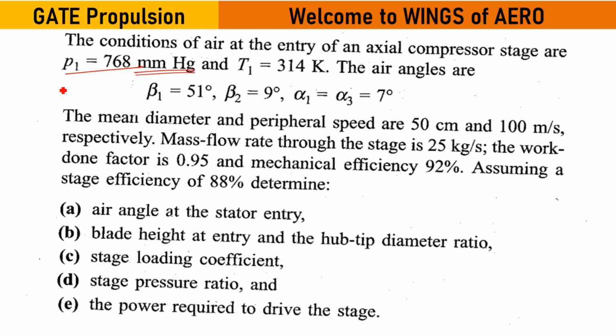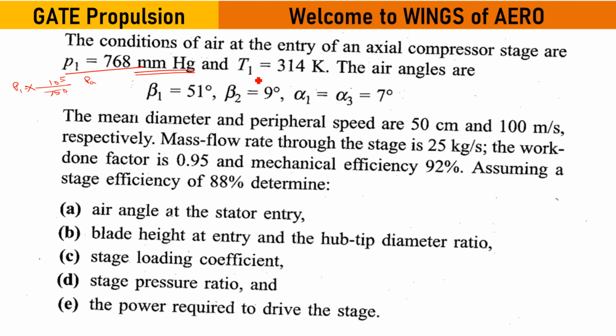Do you know how to convert mmHg into Pascal? You just need to multiply whatever the value by 10 power 5 by 750, and you will get it in terms of Pascal, right? So 768 into 10 power 5 by 750, that value in terms of Pascal.